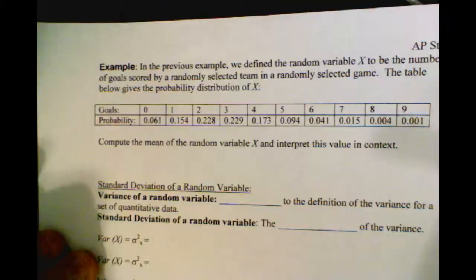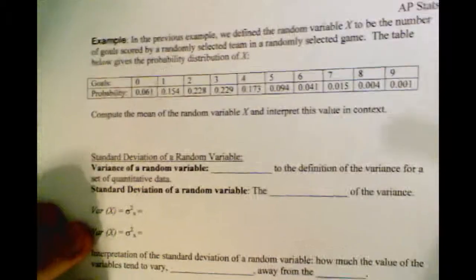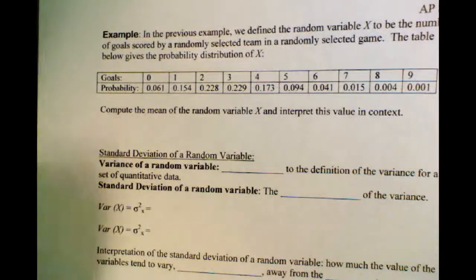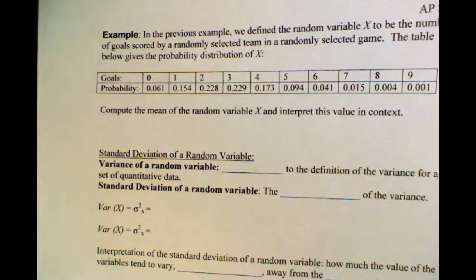So here, if I can get this, there we go. This is the same example from yesterday. It is the probability distribution of the number of goals scored by a randomly selected team in a randomly selected game. It says compute the mean of the random variable x and interpret its value in context.